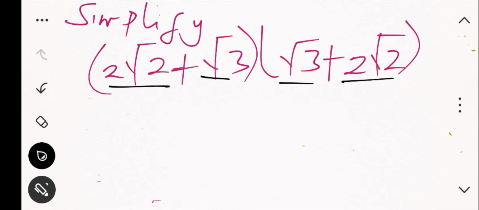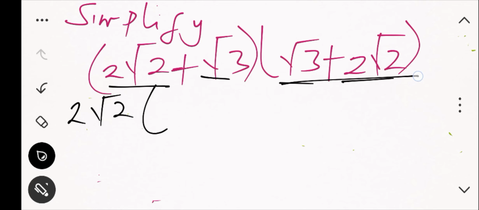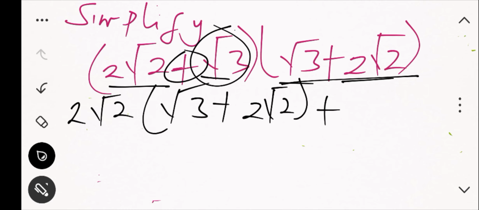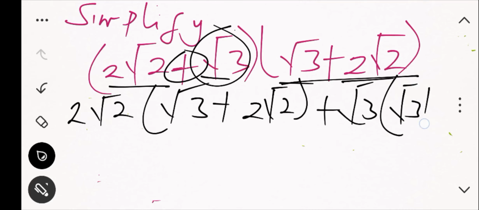So if you want to do the spread approach, what you do is that you write your 2 root 2, then that will multiply the whole of the terms in the second bracket. Then you come and write the second term in the first bracket. Remember, plus is before it, so plus root 3, multiplying the second bracket, so root 3 plus 2 root 2.